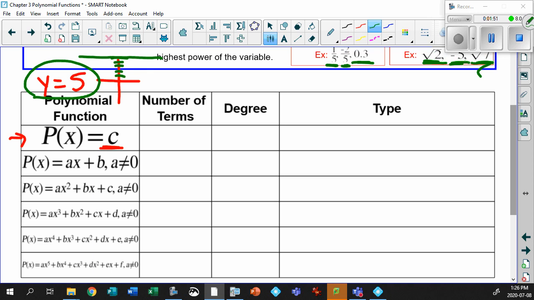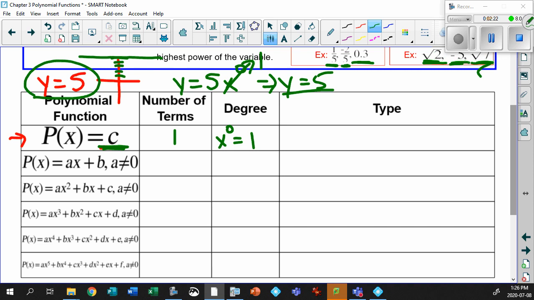How many terms will this have? 1. What's the degree? Well, there's no x, so this is a degree of 0. What do you mean? This is x to the power of 0, which equals 1. So you can actually write this as y equals 5x to the 0, knowing that that is just 1, meaning that y equals 5. Sneaky, isn't it?